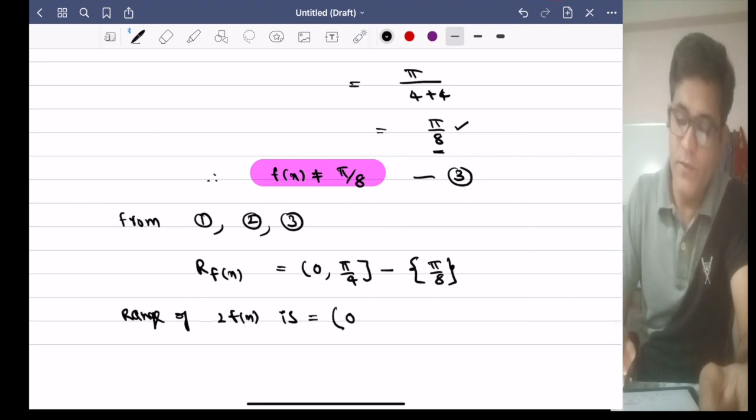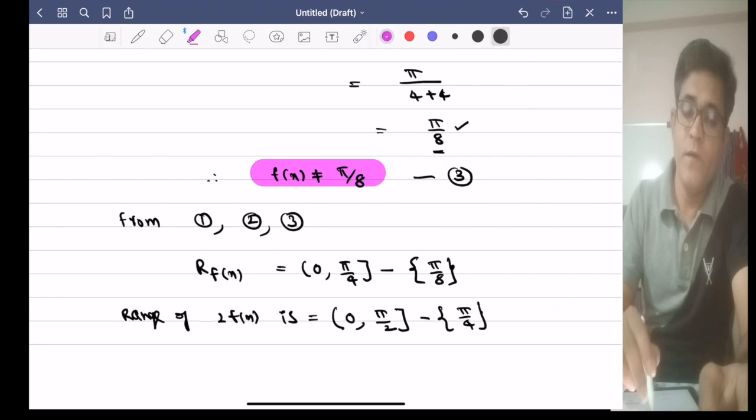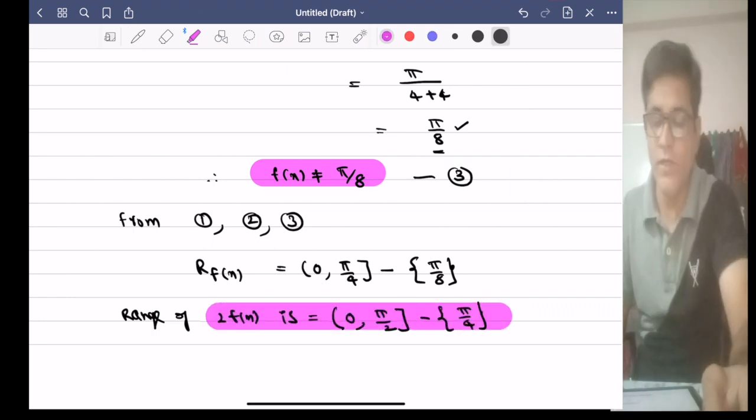That is 2 times 0 is 0, 2 times pi by 4 is pi by 2 closed, minus 2 times pi by 8 is pi by 4. So this is the range of 2 times f of x.